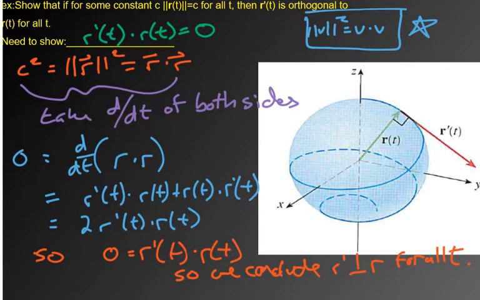Okay. I think the picture is actually good here too. So the idea is basically this problem has to do with a sphere like this. The only way the magnitude is going to be constant for all t is basically if your curve lives on a sphere or something like that, right? Where it's equidistant. This sphere is all the points that are equidistant from the origin.